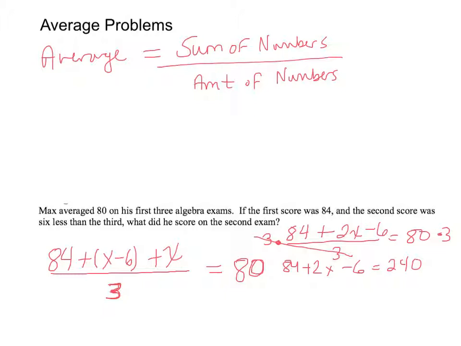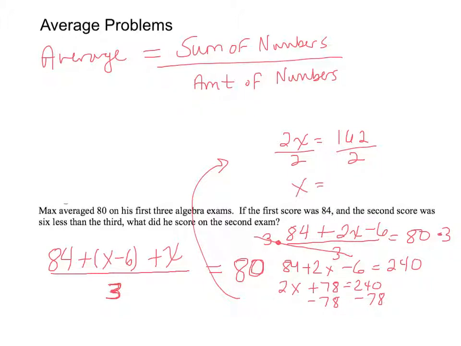Actually, 84 minus 6, I can simplify that as well. That's 78. So really what I have is 2x plus 78 equals 240. So I'm going to subtract 78. 240 subtract 78 is 162. So I have 2x equals 162. If I divide by 2, x is going to equal 81. So that's the third score.